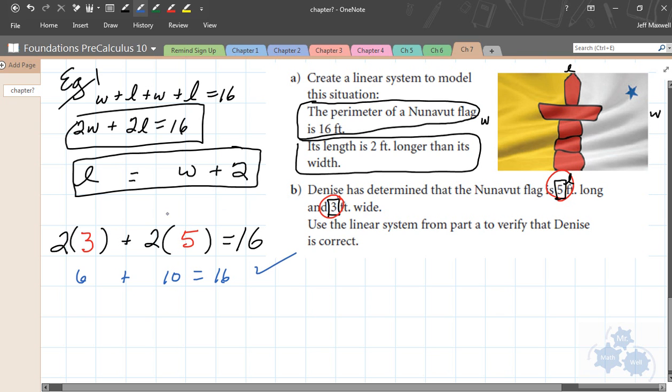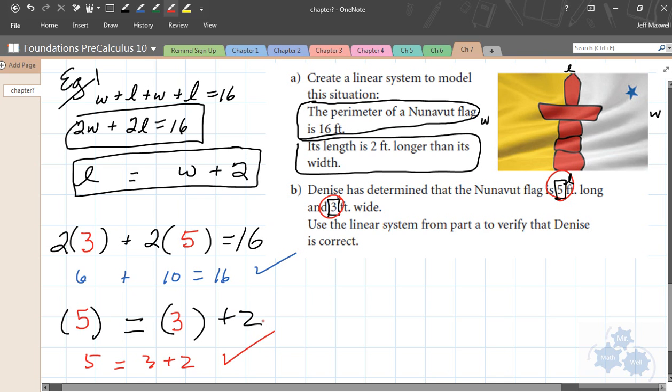Let's check to see if it fits for the other one. So, length equals width plus 2. Well, length is 5, width is 3. Does 5 equal 3 plus 2? Yes.